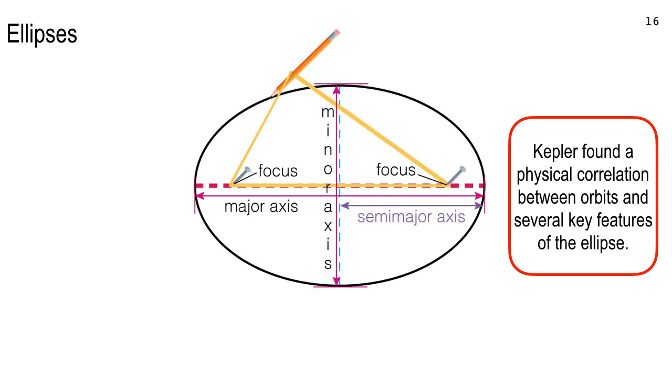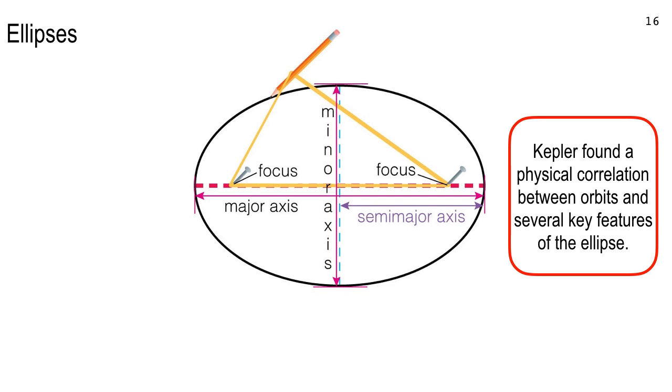So with ellipses, we're going to go into all these parts here: the major axis, the minor axis, the semi-major axis, the focus. Those are all like landmarks in geometry class for ellipses. I learned about ellipses when I was in 10th grade geometry class, and we'll learn about them today.